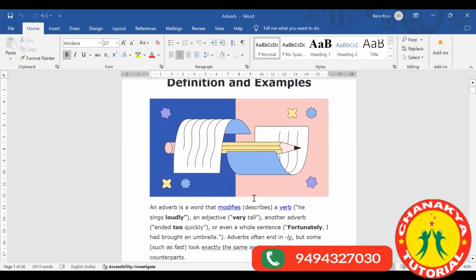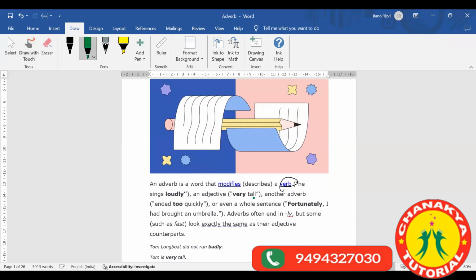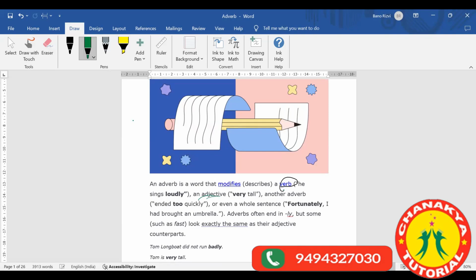So the definition of an adverb is: an adverb is a word that modifies a verb, and an adjective, and other adverbs.